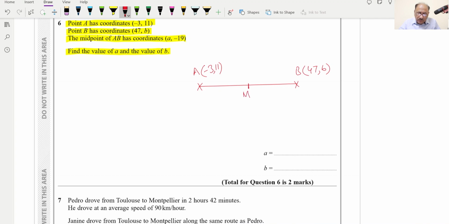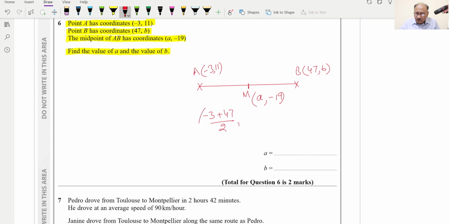M, they are saying, has coordinates (A, -19). So we have to find the value of A and B. For that, what we can do is write the midpoint of A and B. The X value will be the X coordinate -3 plus the X coordinate of B, which is 47, divided by 2.